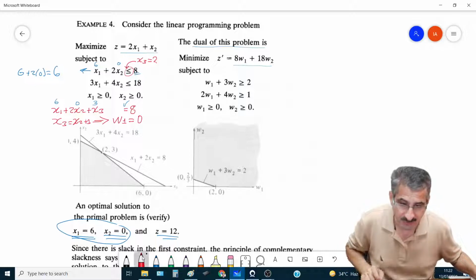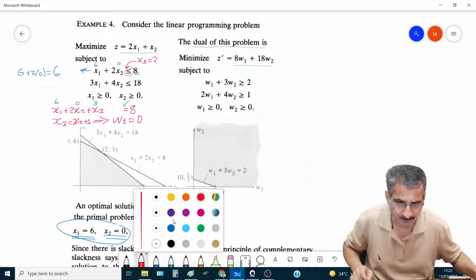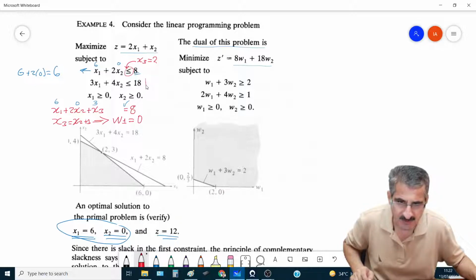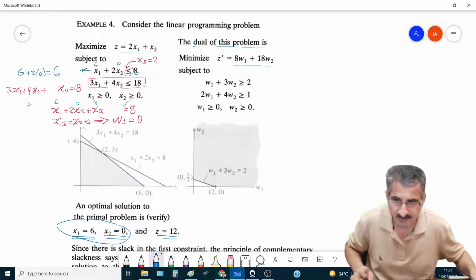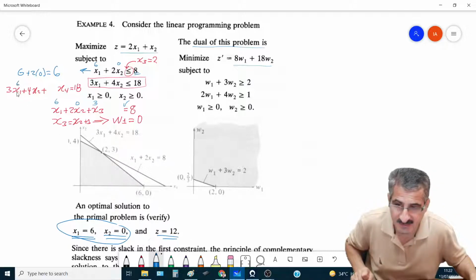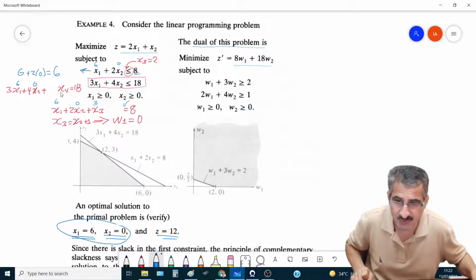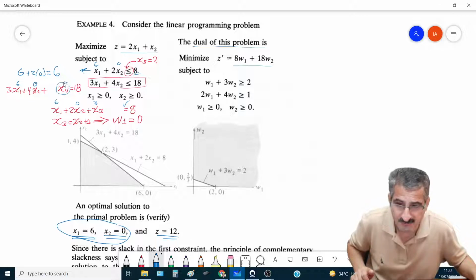Now if you go to the other constraint and introduce a slack variable, we will have 3x1 plus 4x2 plus x4 equals 18. For x1 to be 6 and x2 to be 0, we get 18. So x4 must be 0.